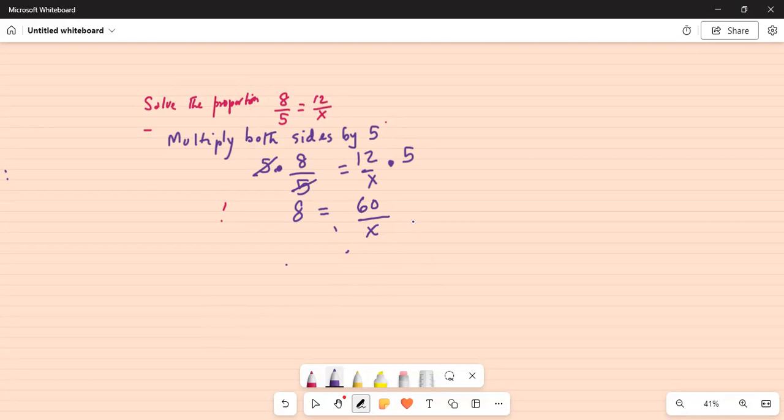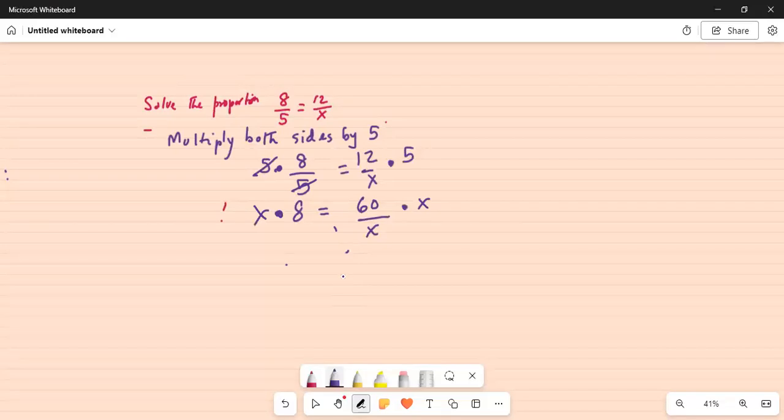So now I have to remove x from the denominator on the right-hand side. That means it is divided by x on the right-hand side. So the opposite thing I have to do is multiply by x on the right-hand side of the equal to sign, as well as multiply by x on the left-hand side. Remember, in an equation, whatever you do on one side, such as multiplication, you have to do the same on the other side.